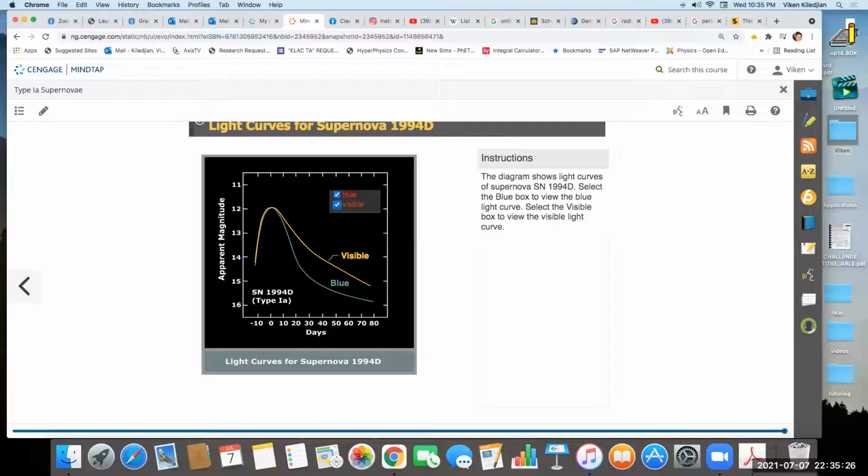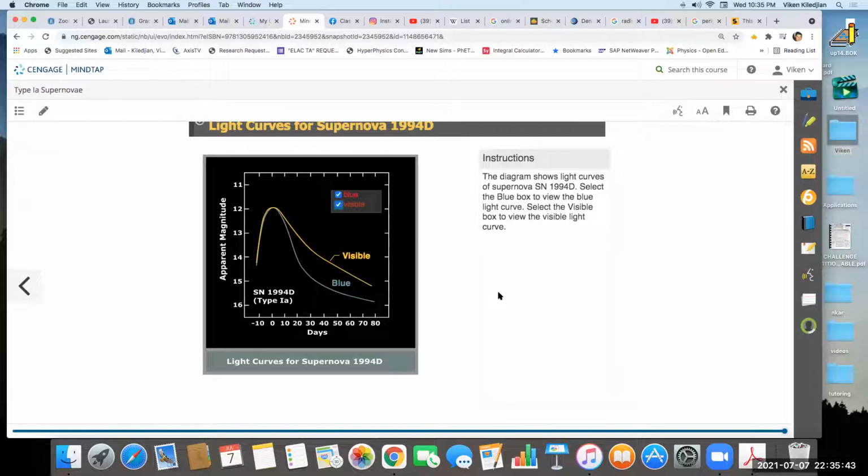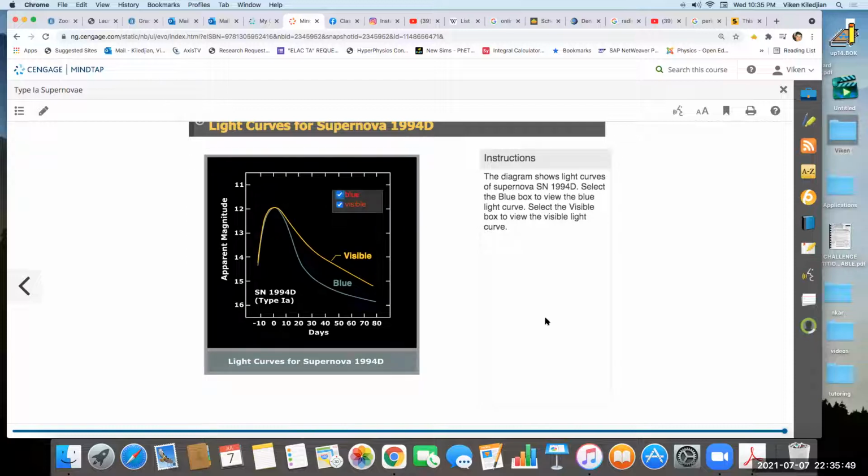But that's still not possible to see with the naked eye, so you still need a telescope to see it. But interestingly, at peak, they're both about apparent magnitude 12 with the blue filter or the visible filter. So this is the visible, this is the blue. The blue filter, the brightness decays quicker.